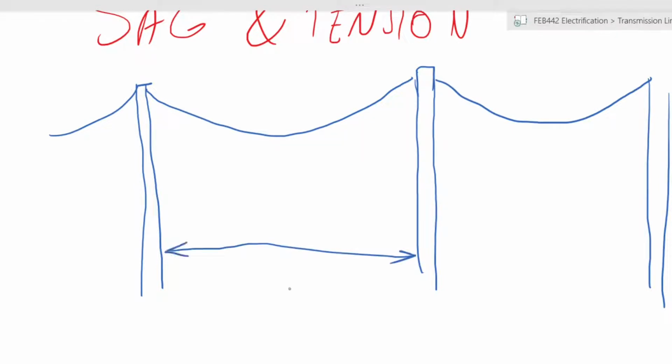The distance between the 2 ends or the 2 mounting points is called the span. The distance at which it is hanging from its highest point is called the sag. So those are the 2 main distances that we will look at.